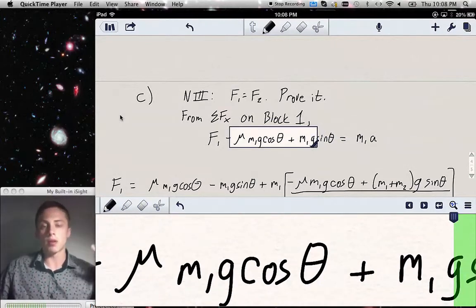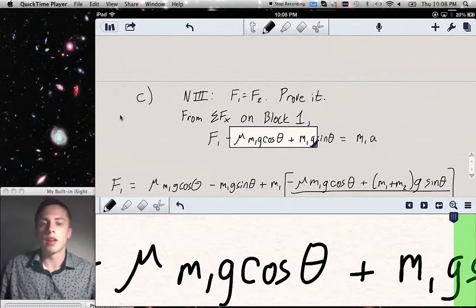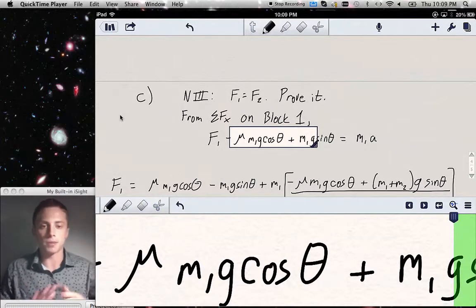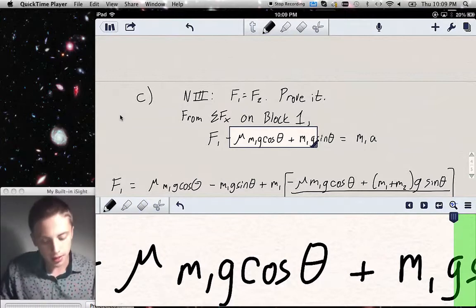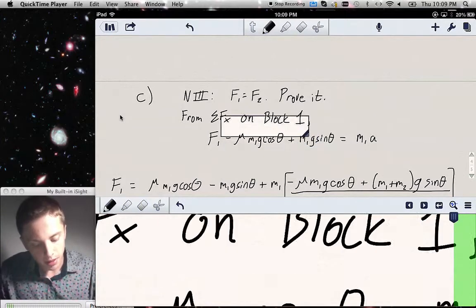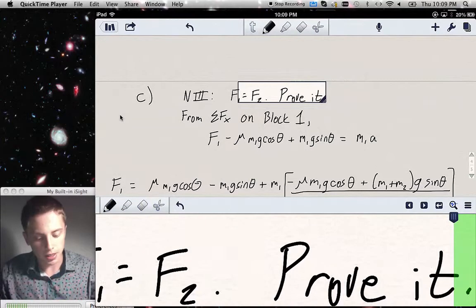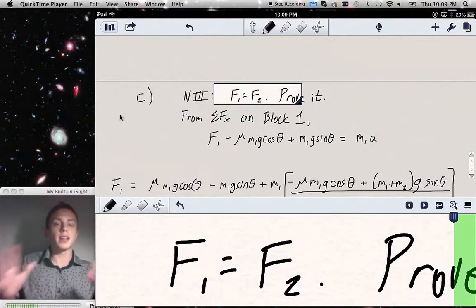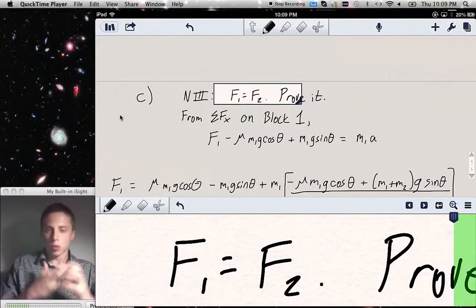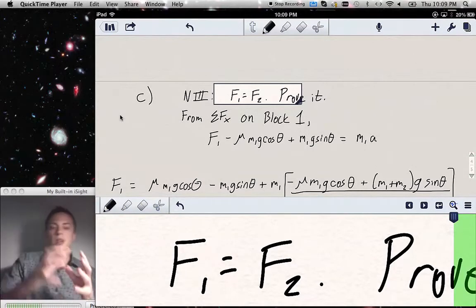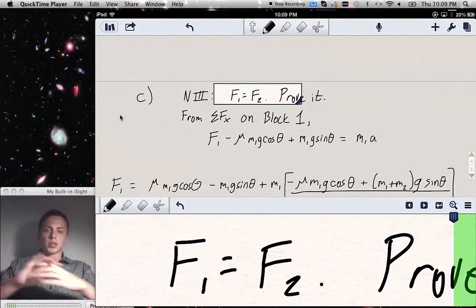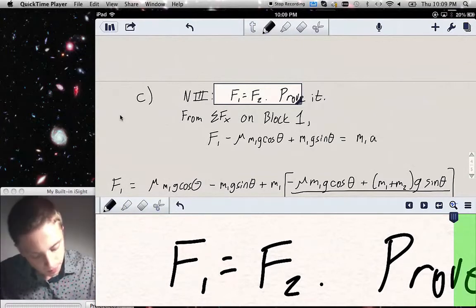Now remember, we solved for n1, found it to be m1g cosine theta, so I'm just making that substitution right away. The strategy here is to prove this relationship. We'll solve for F1, plugging in the acceleration we found. We'll solve for F2, plugging in the acceleration we found in part B. And then we will see if the two expressions are the same.